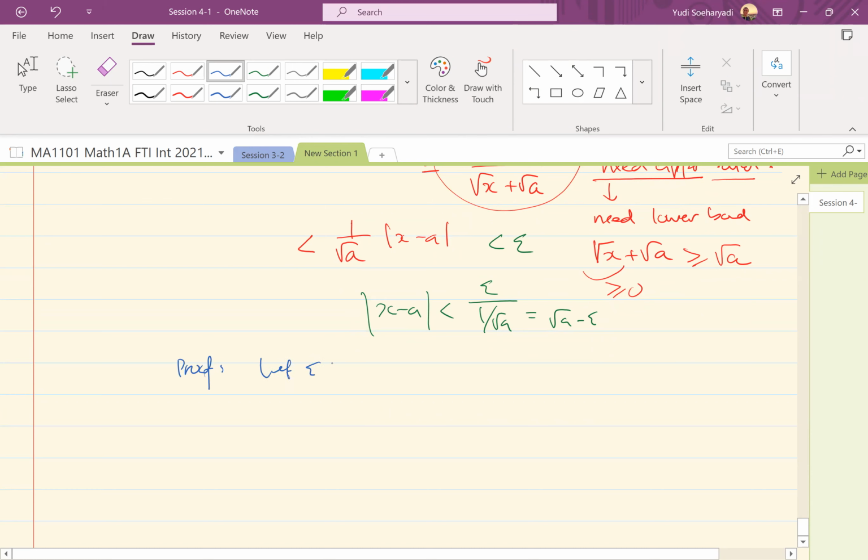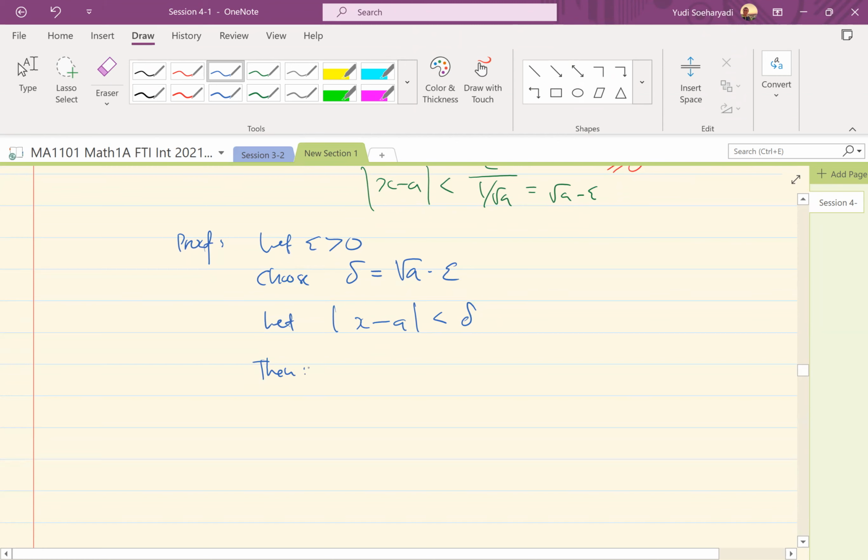Given epsilon positive, we choose our delta to be square root of a times epsilon. And you assume that absolute value of x minus a is less than delta.